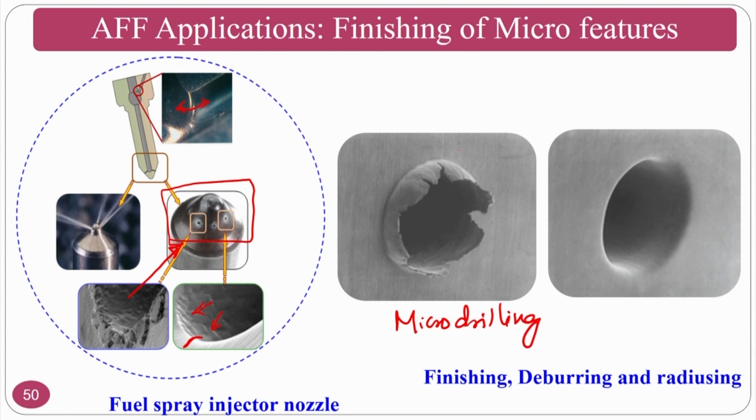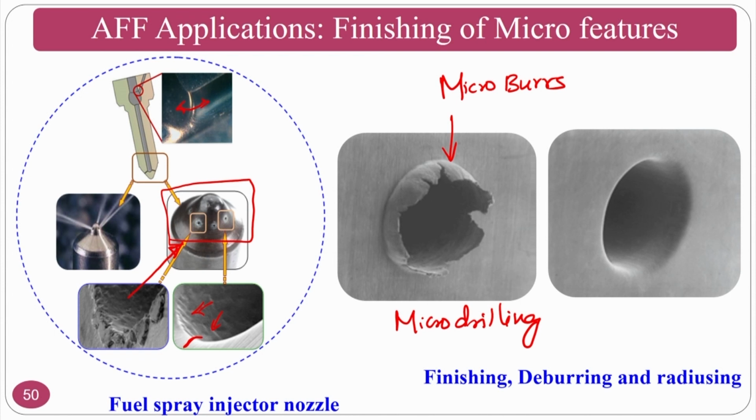These are the burrs or the micro burrs. Now, removing this is one task, at the same time generating the radius on this edge is also another task. Both tasks can be done simultaneously by the abrasive flow finishing process.